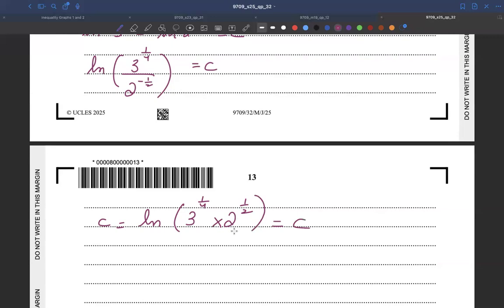And can we simplify this further? Well, let's leave this value as it is over here. Now, once we have this value of c, we'll have to simplify the whole expression.